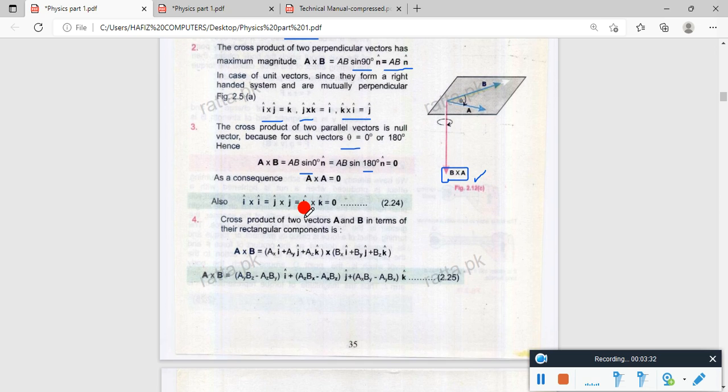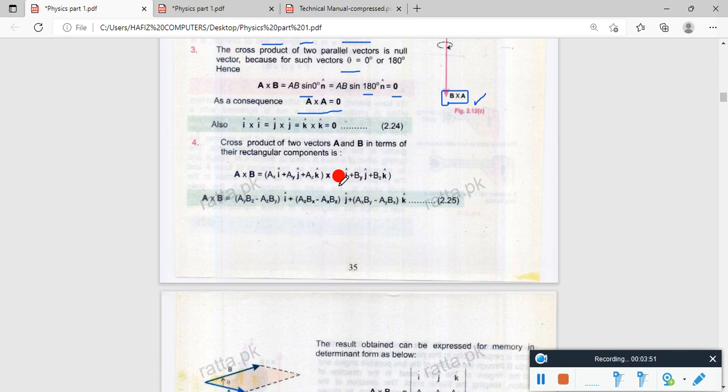Therefore a cross b is equal to 0. As a consequence, a cross a is equal to 0, because both the vectors are in parallel or anti-parallel direction, but in both cases a cross a or self product is 0.